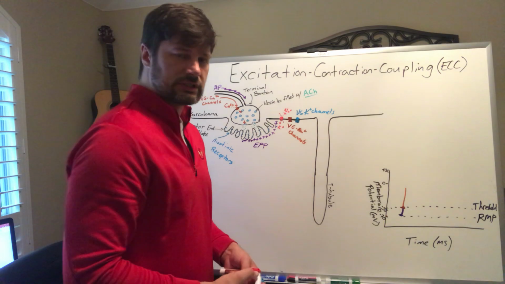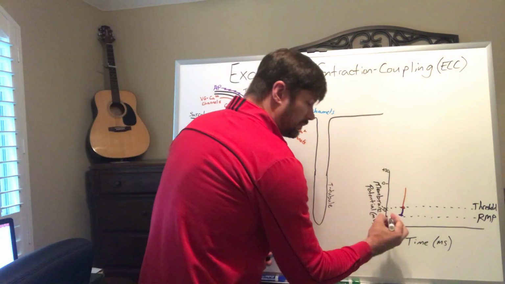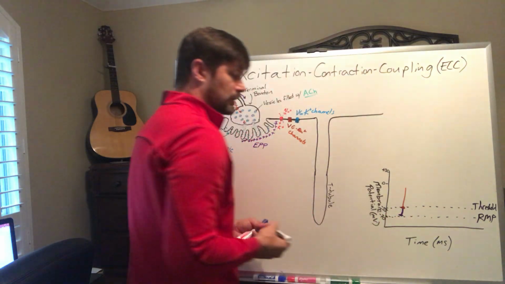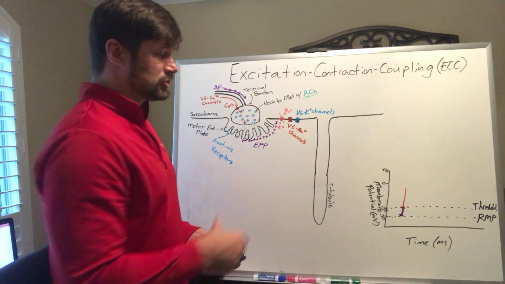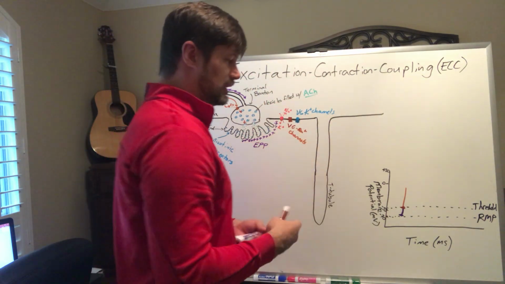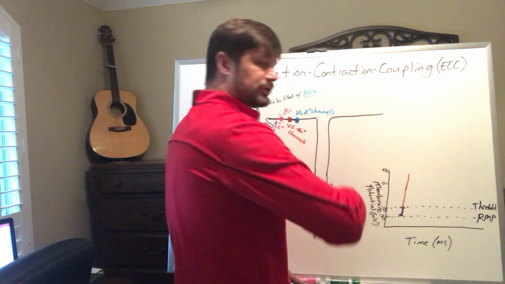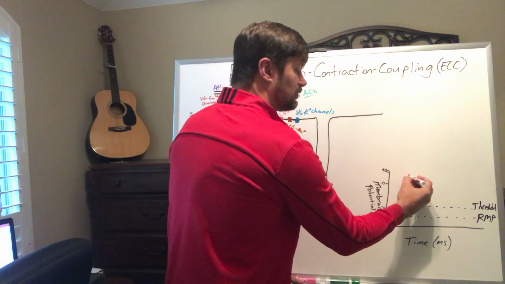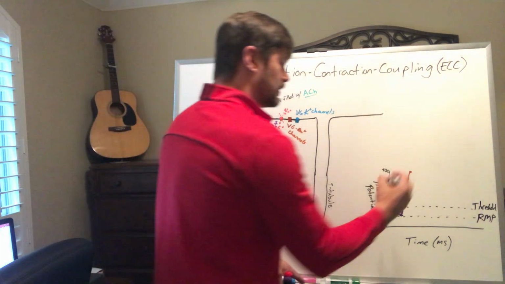It's what allows this cell to go from resting membrane potential to threshold. But at threshold, voltage-gated sodium channels are now open, and sodium comes rushing into that cell, driving a depolarizing step, causing this cell to shoot up to about plus 30 millivolts. That's called an action potential.